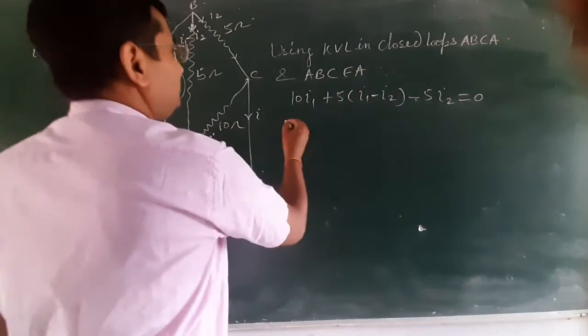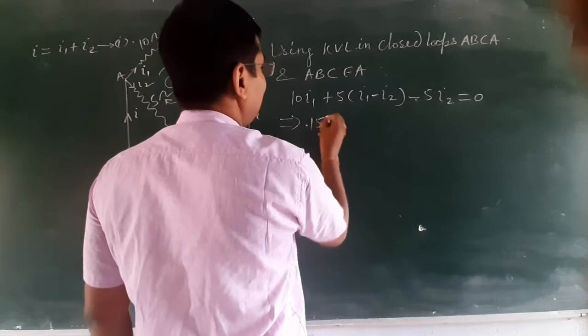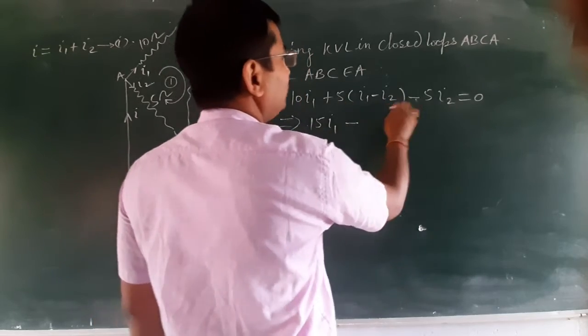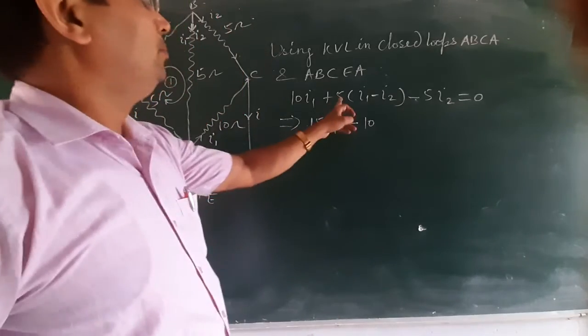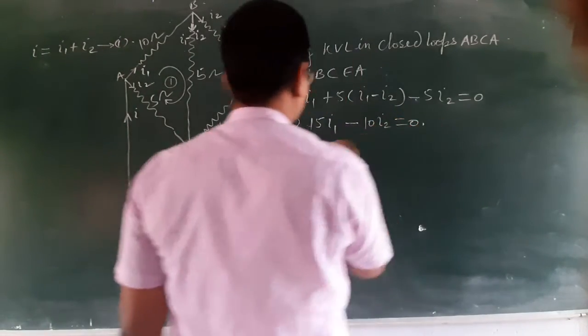So we may write 10 I1 plus 5 I1, that will be 15 I1, minus 5 I2 minus 5 I2, means minus 10 I2, that is equal to 0.